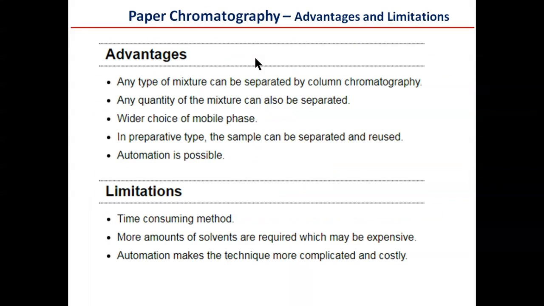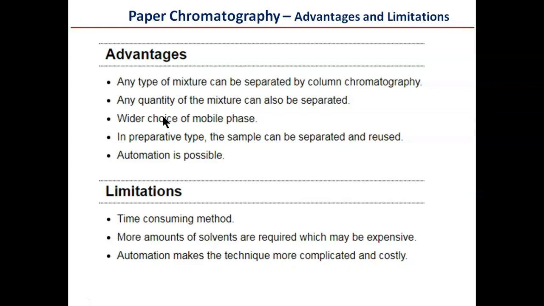So let us look at column chromatography, its advantages and limitations. So the advantages are, any type of mixture can be separated by using column chromatography. Any quantity of a mixture can be separated.